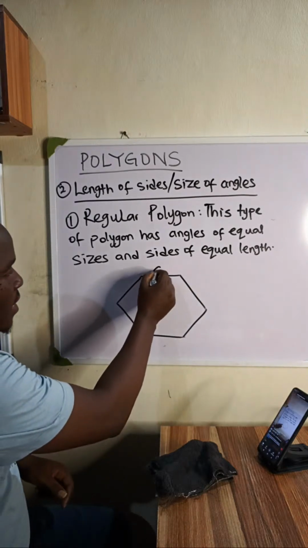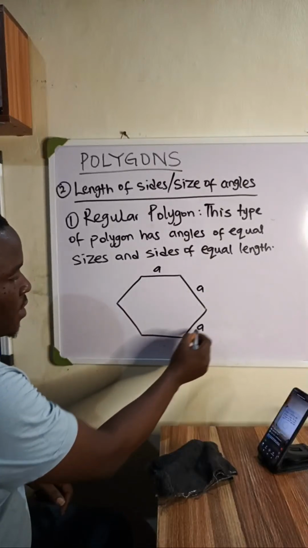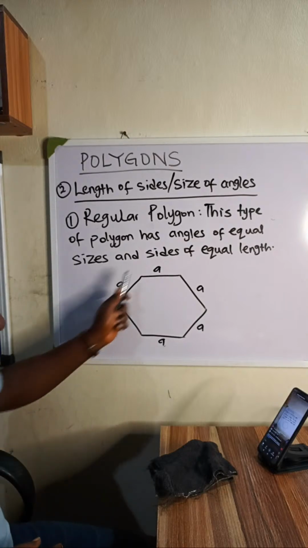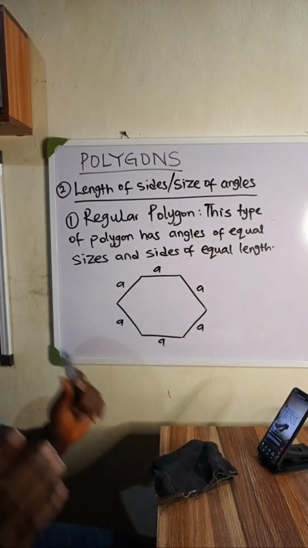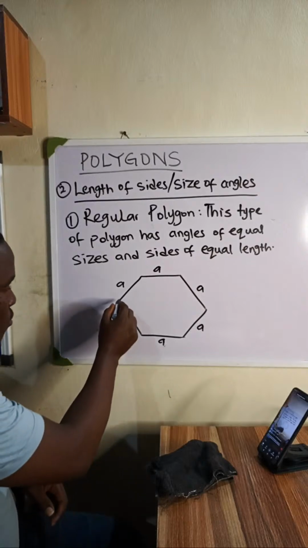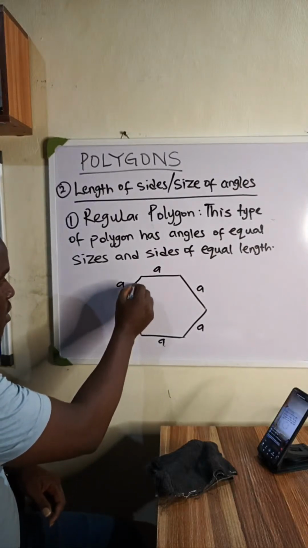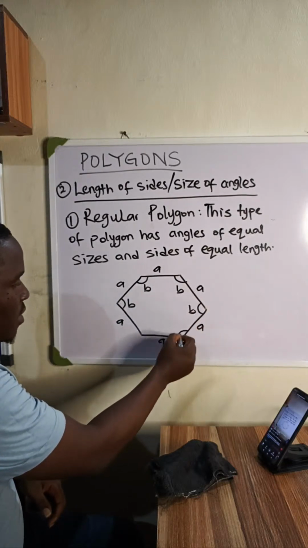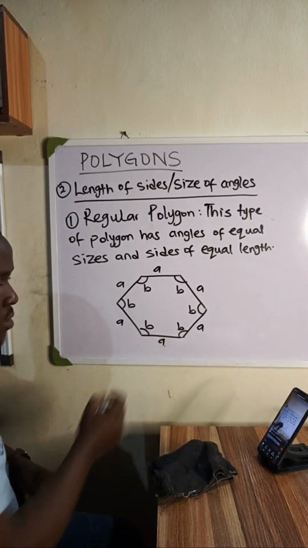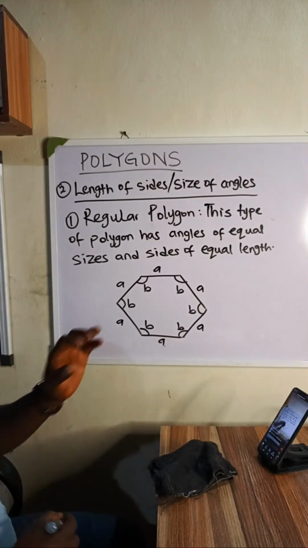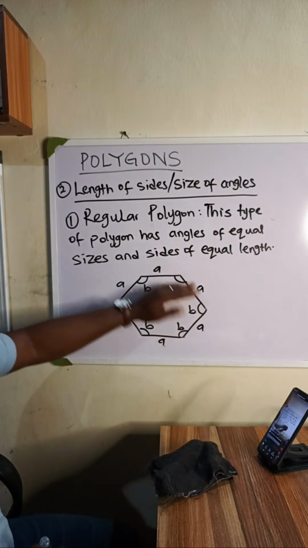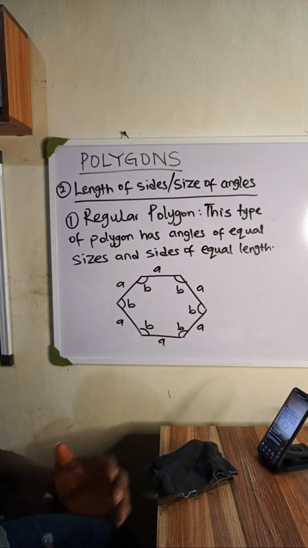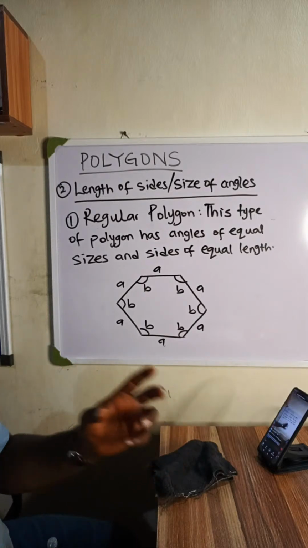So if here is A, here will be A, here will be A, here will be A, here will be A, here will be A. The length of each of these sides will be equal, and also the angles. If here is B, here will be B, and so on for every angle. So a hexagon like this can be called a regular hexagon. It is a hexagon, but it is a regular hexagon.